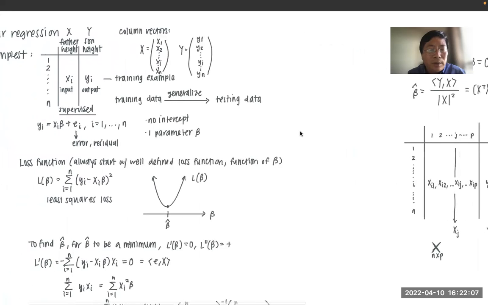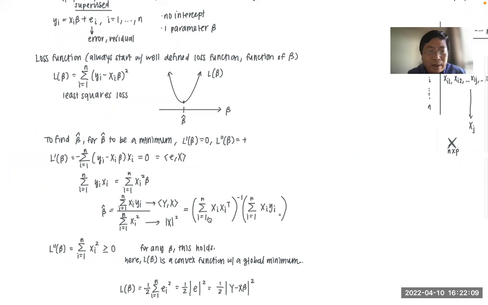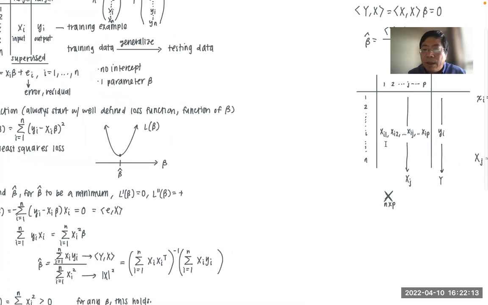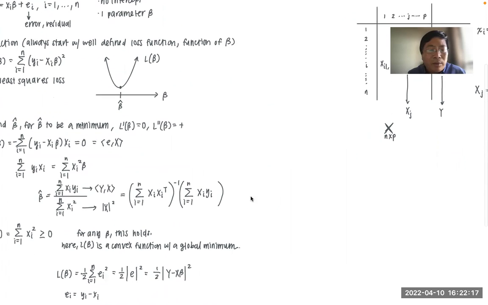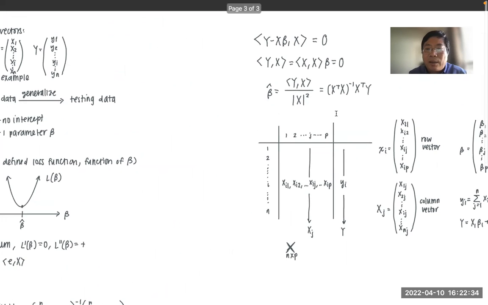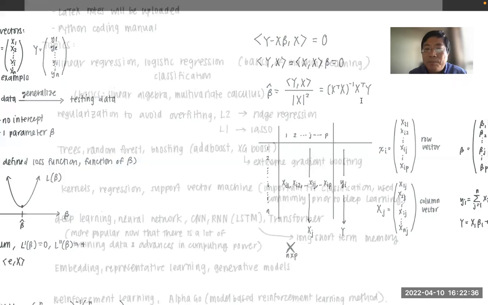Also, we will see that in the multivariate situation, xi becomes a p-dimensional vector, and then we can generalize this one to the inverse of the summation of xi xi transpose, times the summation of xi yi. I want to make clear that this is a generalization to the multivariate situation. This one is also a multivariate generalization.